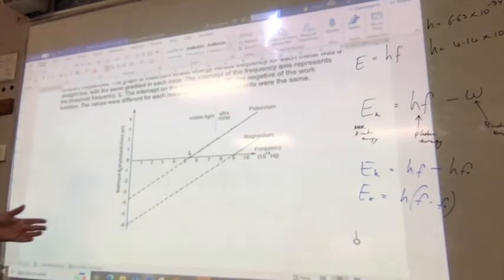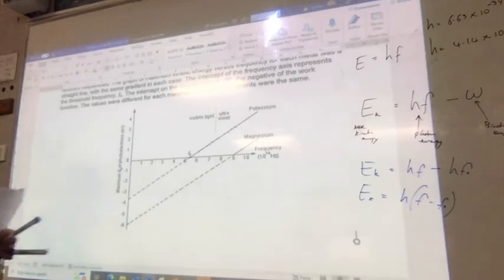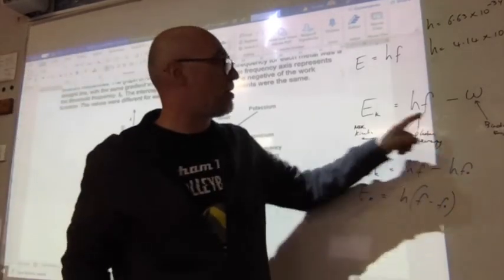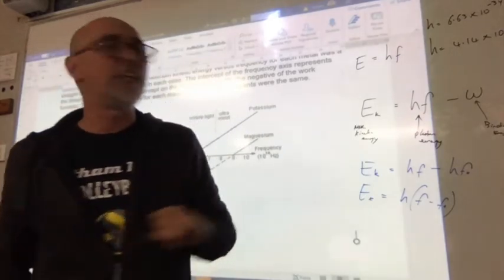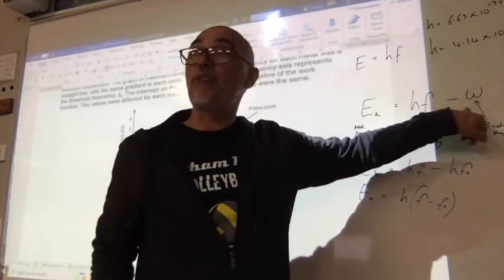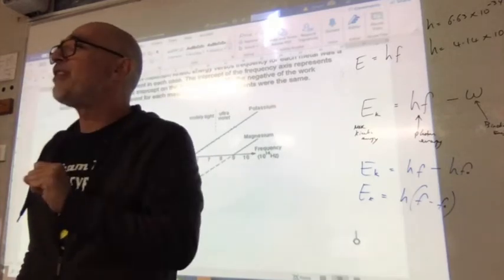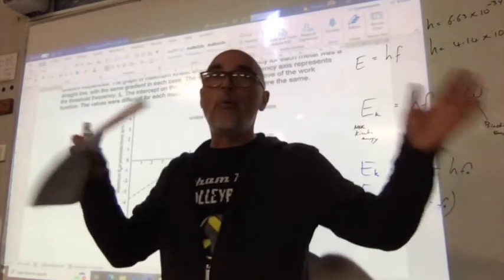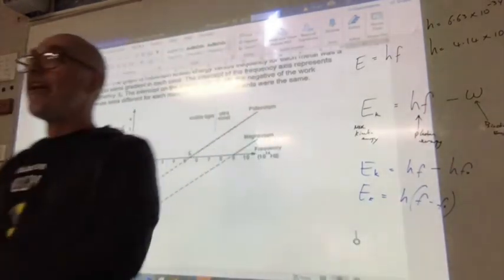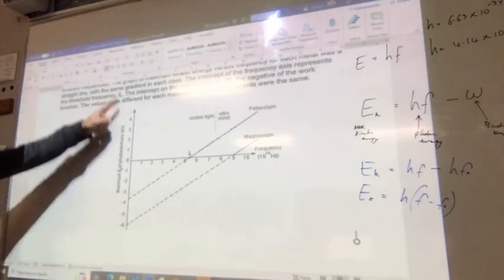So for example, if you're trying to work out this equation because maybe you're trying to find maximum kinetic energy, or maybe they gave you the maximum kinetic energy and they give you the graph, and they say, well, how much energy was in the photons of light that you were using for that kinetic energy? Like, oh, but I need the work function. Where am I going to get the work function? Here it is. It's just the intercept on the y-axis, basically, on the energy axis.